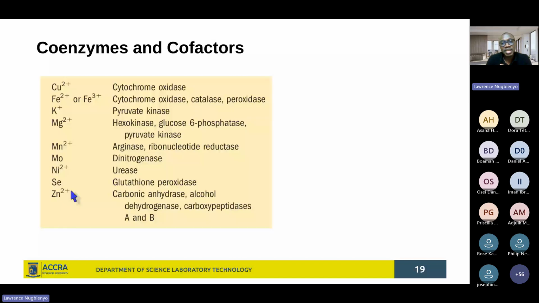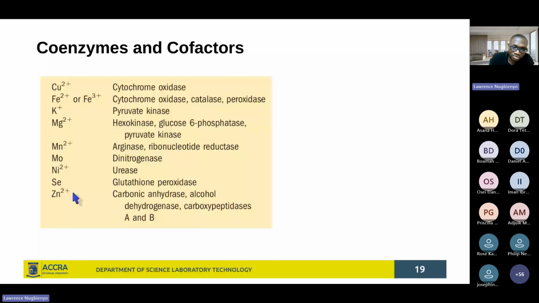You know, in the structure of these proteins, you have these metal ions around which the protein forms; they are required for the functional structure of the protein. If they are not there, the protein will not have that functional structure, so the protein cannot be active and carry out its activity.